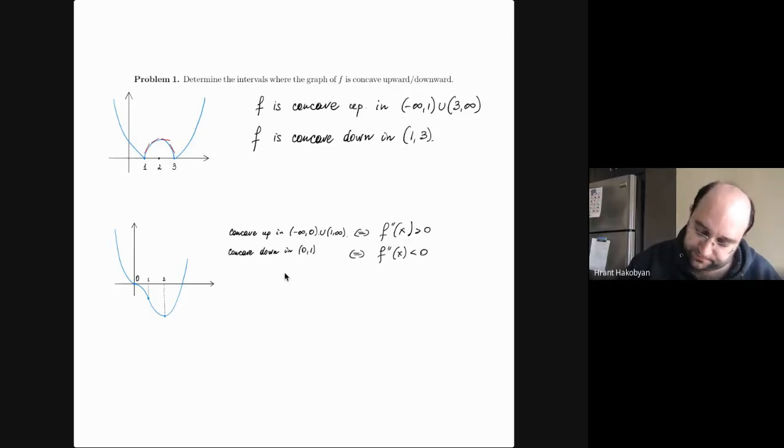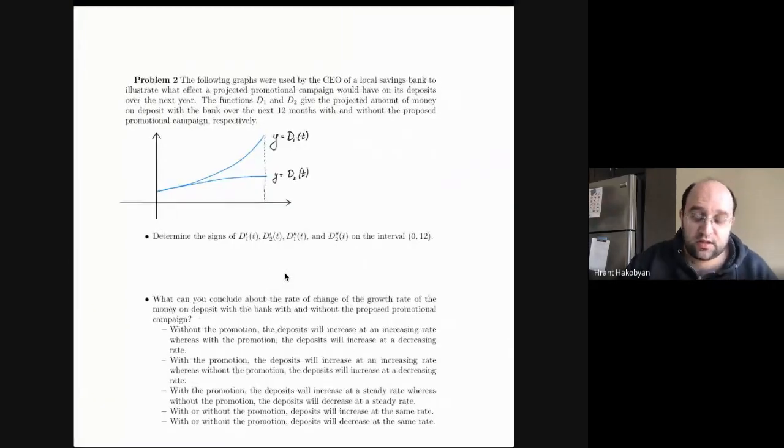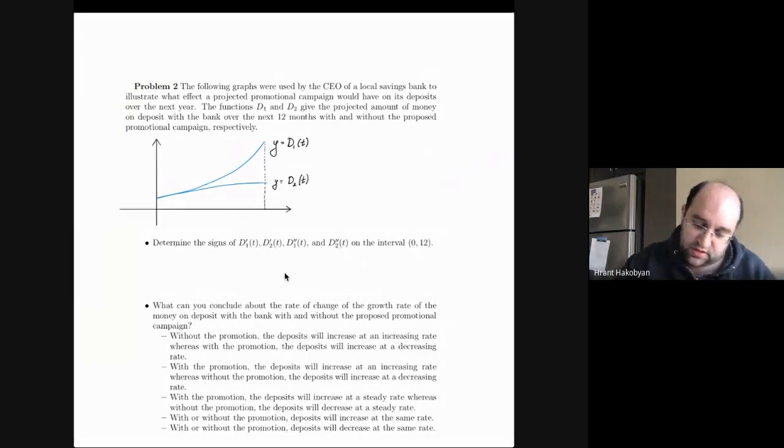Okay, so next, let's do this problem here. So these are two functions. The following graphs were used by some companies to illustrate what effect a projected promotional campaign would have on its deposits over the year.